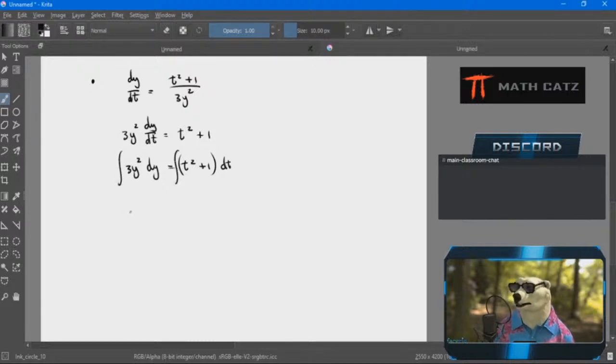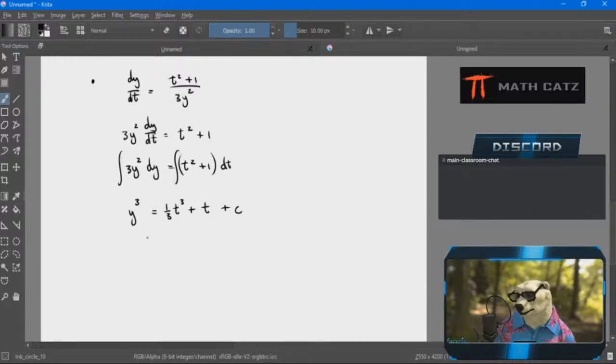Then I integrate both sides. In isolation, the left-hand side is y cubed. In isolation, the right-hand side is a third t cubed plus t, and I group all the constants coming from each one together in a single representation, c.